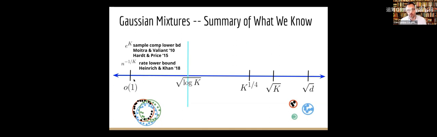And more recently, there were results that show that the rate is also going to be fundamentally different. We're not going to recover this parametric rate of 1 over root n in this regime. So these are negative results that tell us what we can't hope for.